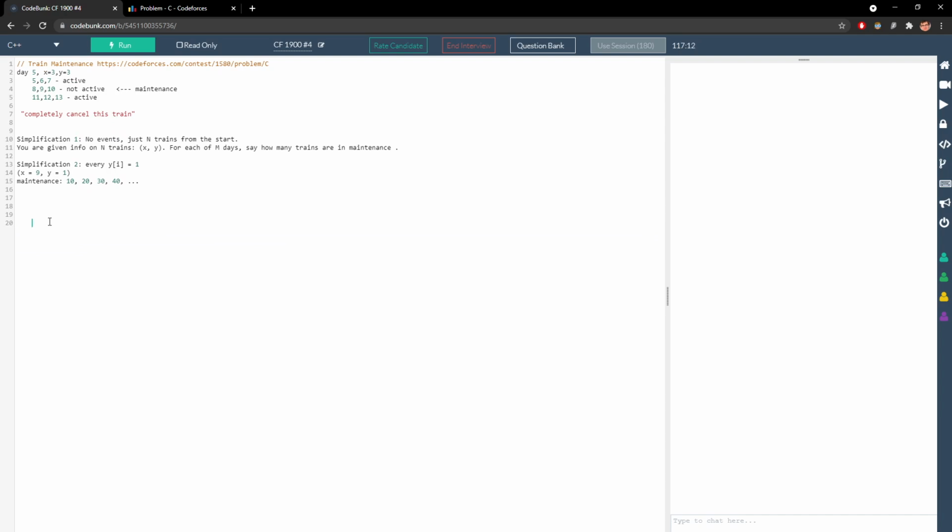So if the maintenance day is 1 only, then we can simply check with the modulo x plus y what is the value of the day. But we could use modulo before, right? The way before to check if a train is in maintenance is to check something like that, I believe.